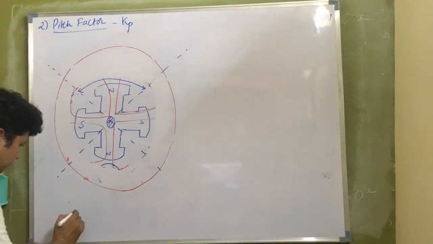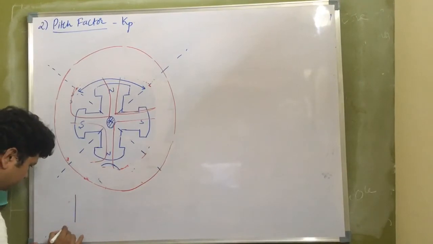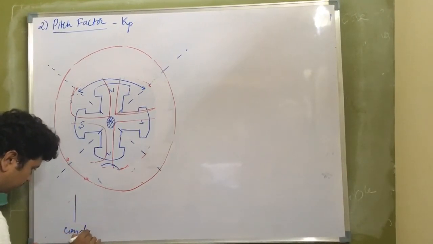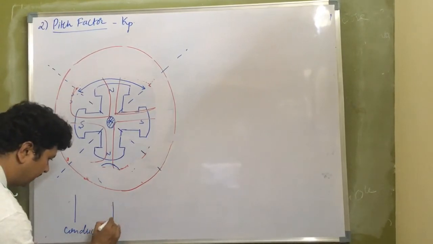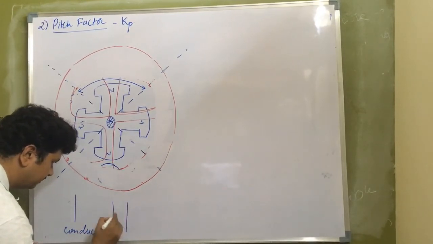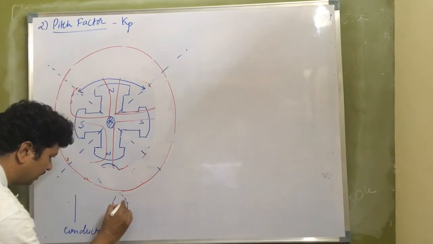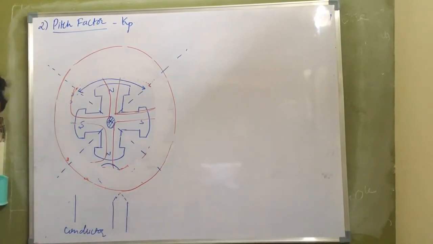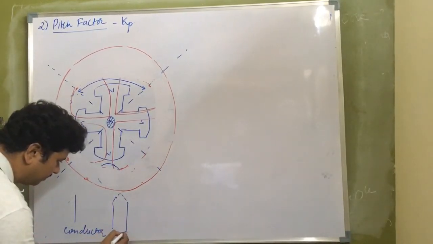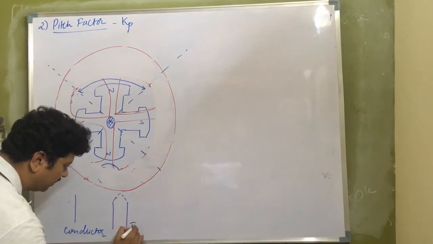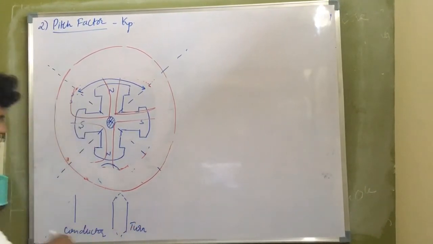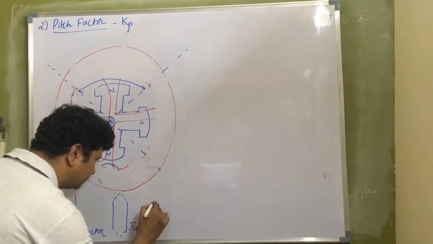So this is a conductor. If I take two conductors and connect them back to back, this will be a turn, one turn.